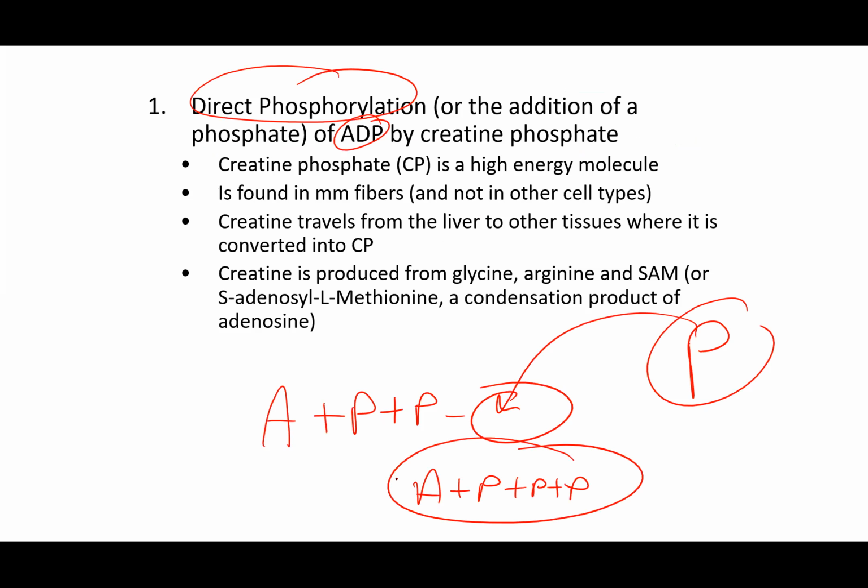So that's your ATP. So you're going from ADP, adenosine diphosphate, to ATP, or triphosphate, because of direct phosphorylation, adding that extra phosphate because of the creatine phosphate.